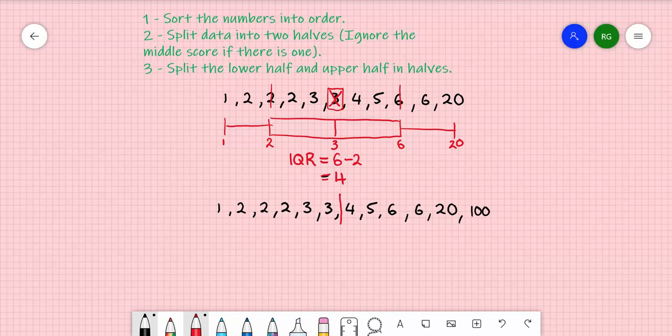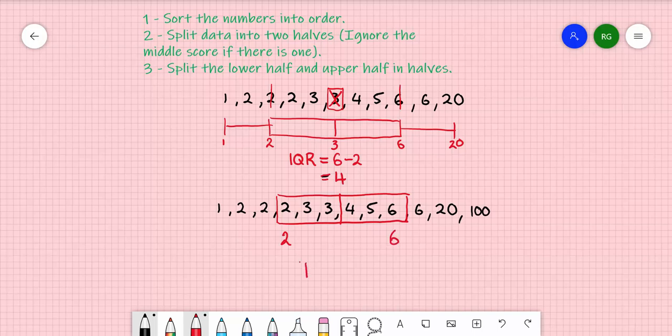Our next job is to split the lower half and the upper half into halves. So again, that's going to split that bottom half. That's going to split that top half. That therefore is my interquartile range from 2 up to 6.